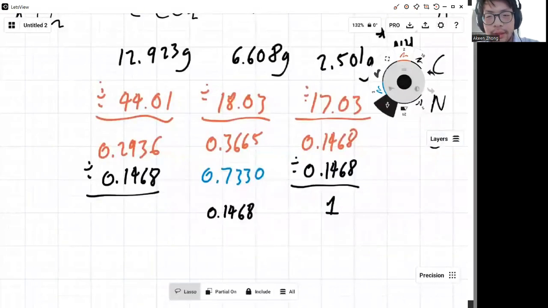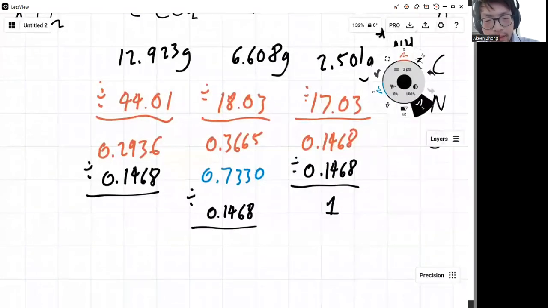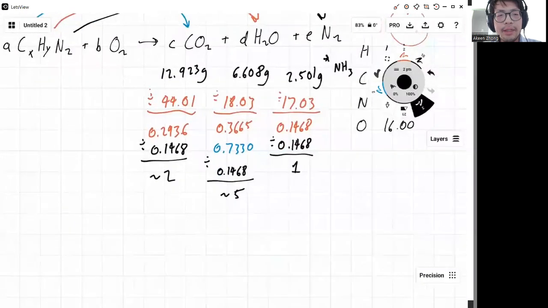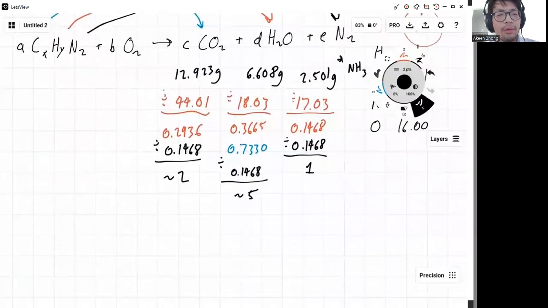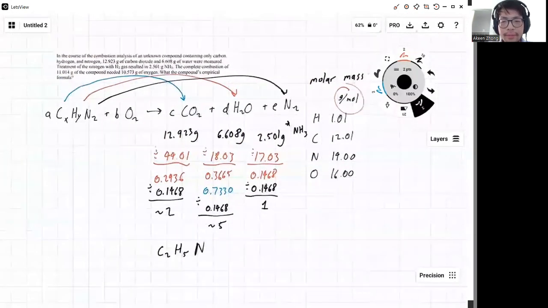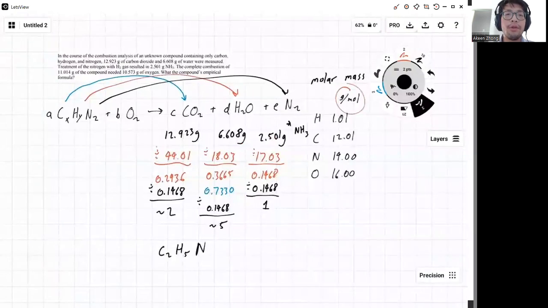Let's divide them all by 0.1468. We get about 5 here, and we have about 2 here. So this means we've determined X, Y, and Z. We have C2, H5, and 1, or just N as our unknown compound. And of course, this is the empirical formula.